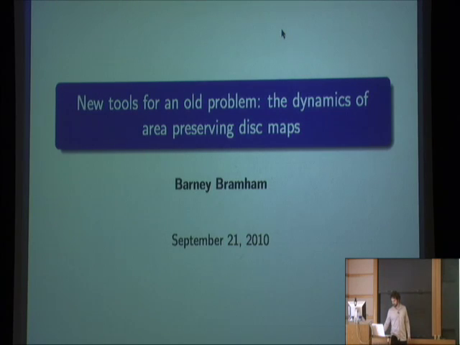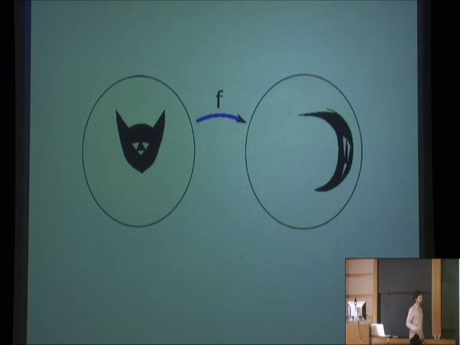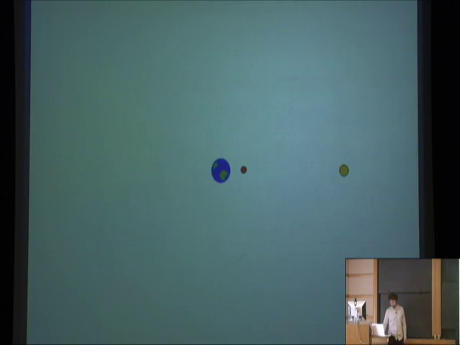So I'm going to look at area-preserving disk maps. My cat unfortunately looks a bit like a devil, but no, sorry. So presumably the area of this is supposed to be preserved under F. And then why would anyone be interested in these? Well, back in the late 1800s, Poincaré, amongst others, was trying to understand the three-body problem, where you have three celestial bodies influencing each other under Newton's laws of gravity.